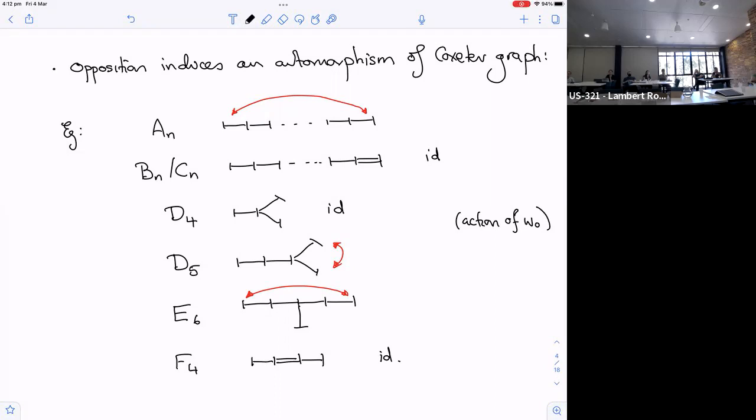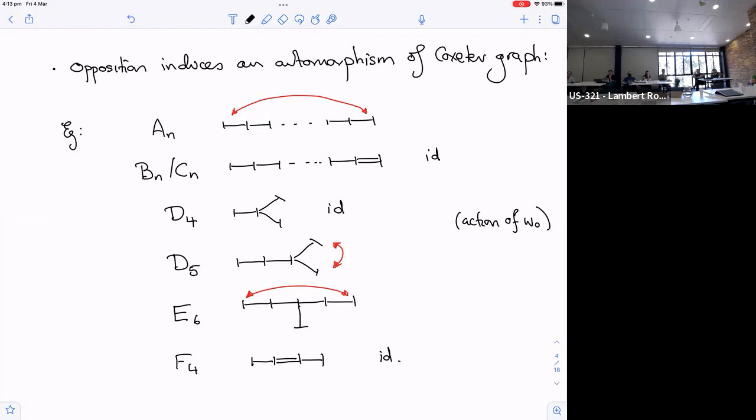We already saw this in the A2 case that swapped the two types, and that's true for An as well. So in projective space, points are opposite the maximal spaces, and lines are opposite the ones next. Just to clarify, I'm not saying every point is opposite everything up here, but if two things are opposite and one was a point, then the other one would have had to have been of that flavour.